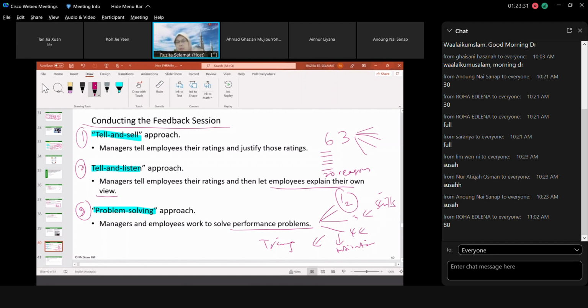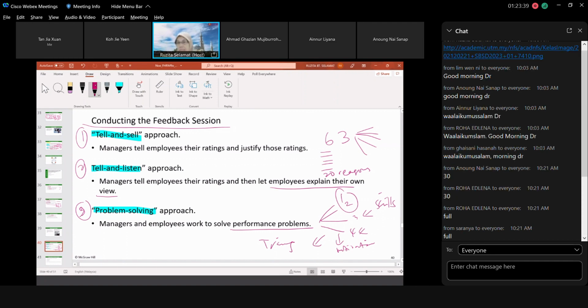Kalau pekerja yang bagus, apa peluang dia untuk terus menjadi bagus? How he or she can be continually motivated? Kalau ada masalah tu, what can be done to help this particular person? Tapi again, mungkin bergantung kepada personality of your boss.